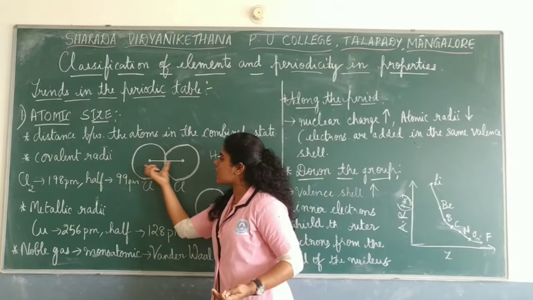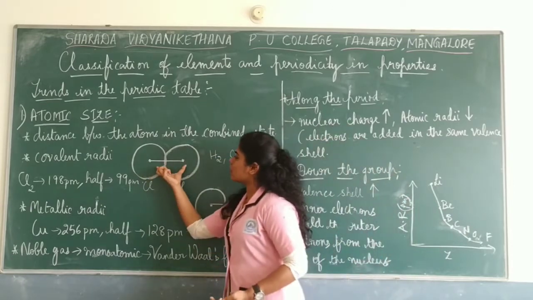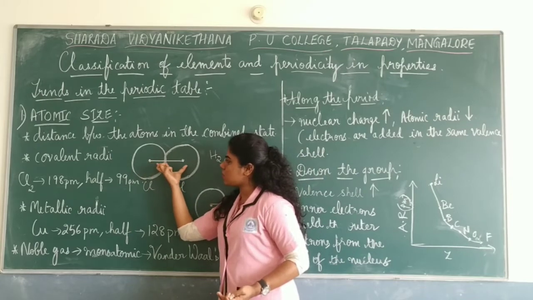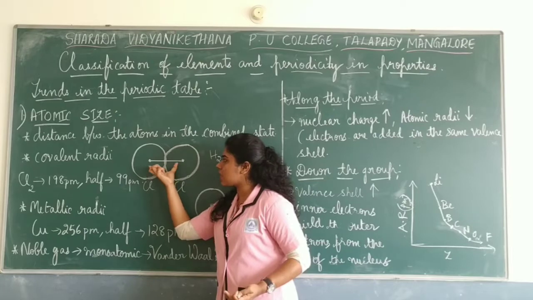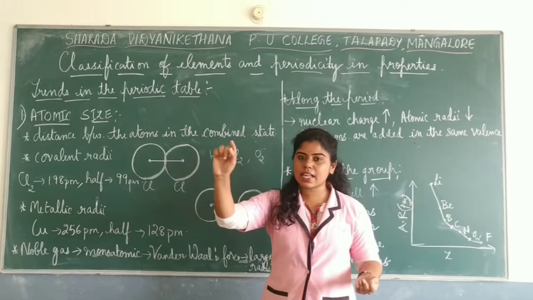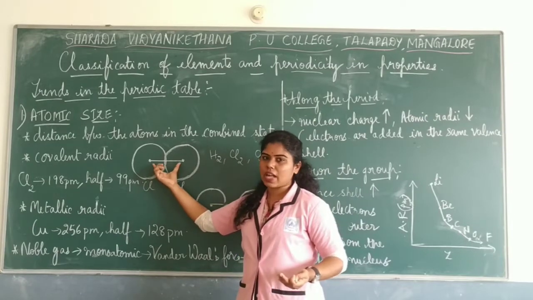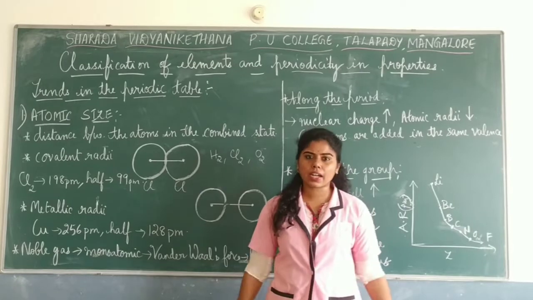Now it is very easy for us to identify the distance. What do we do? We take the distance between the two nuclei of the atoms, and then we take half of it, and you get the radius, correct?